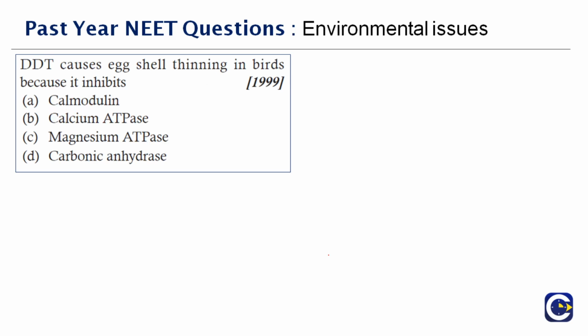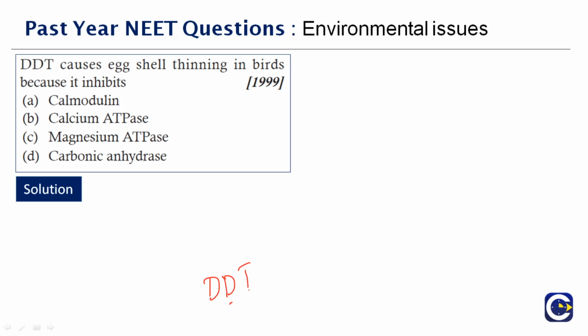Next question here. DDT causes eggshell thinning in birds because it inhibits dash. If you remember, I already explained in part 2 that the high usage of this DDT will interfere with the calcium metabolism of birds.